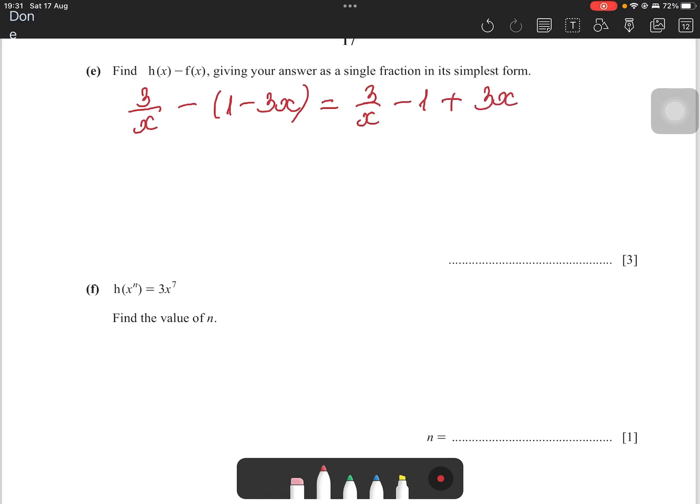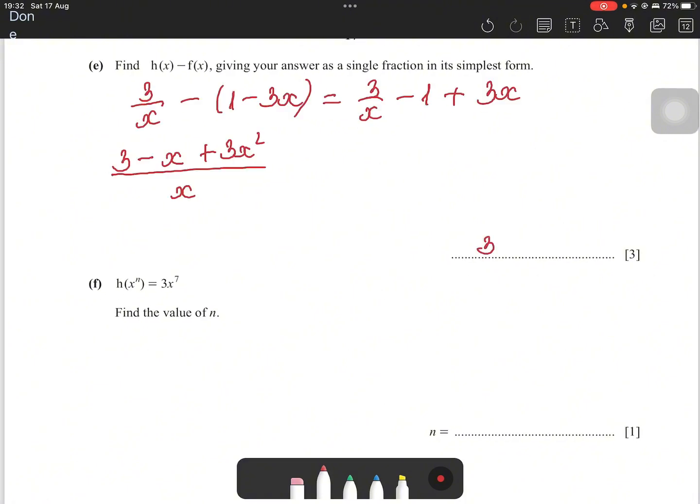To write it as a single fraction, we need to keep x as the common denominator. For the first one, we just write 3. The second one, negative 1 times x is negative x. And then 3x times x is 3x squared. So this one is equal to 3 minus x plus 3x squared all over x.